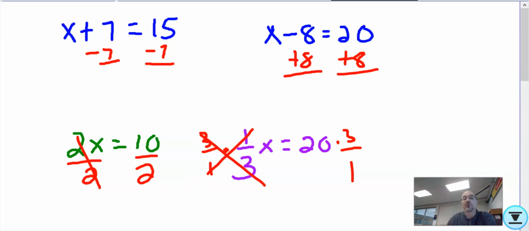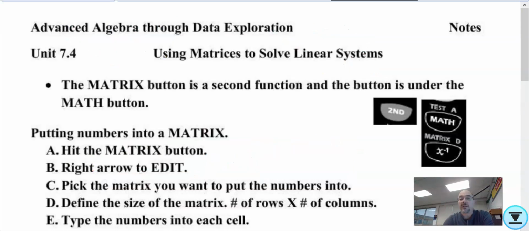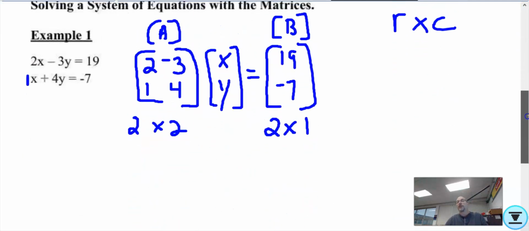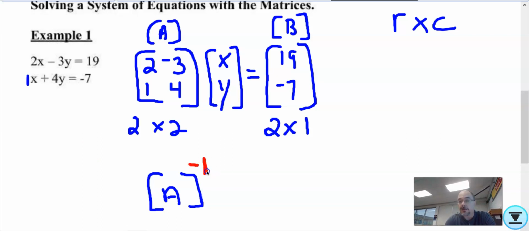Now, what do we do to figure out the matrices? Well, ladies and gentlemen, on our calculator, we're going to take the matrix A, and then we're going to have to use what's called the inverse button, okay? Remember, think about what I just showed you on the last screen, how we got x by itself.